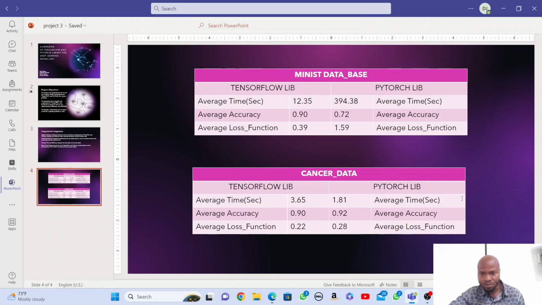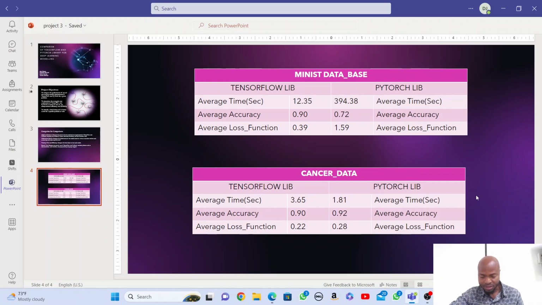So for both models, there were 5 layers created. There was an input layer, which is a linear input layer. There was an activation layer. There was also a normalization layer, which was a batch normalization layer. There was a dropout layer, as well as a linear model layer.